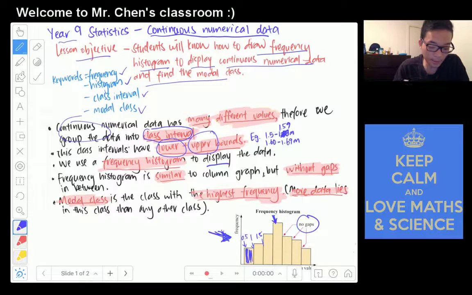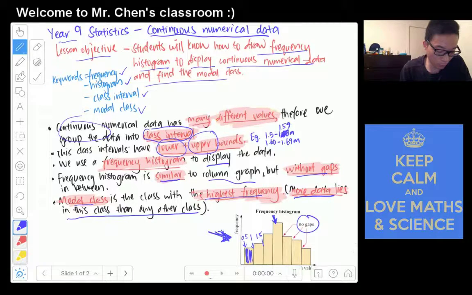Like I said before, a frequency histogram is very similar to a column graph, but without the gap between each column. The modal class is the class with the highest frequency, because more data lie in this class than any other class.